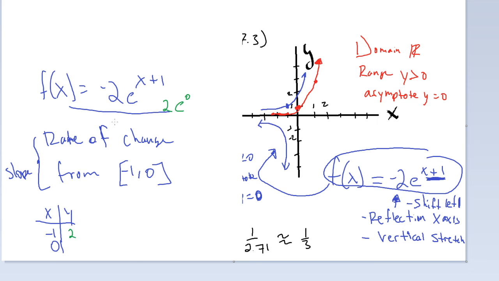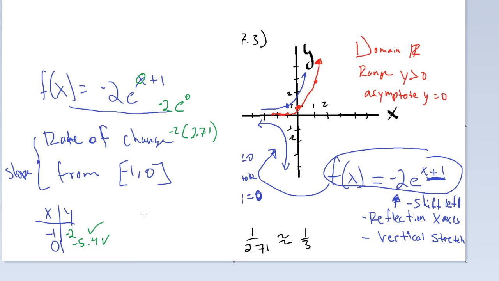If x is 0, e to the 1 is 2.71 times negative 2, that's negative 5.4, give or take.